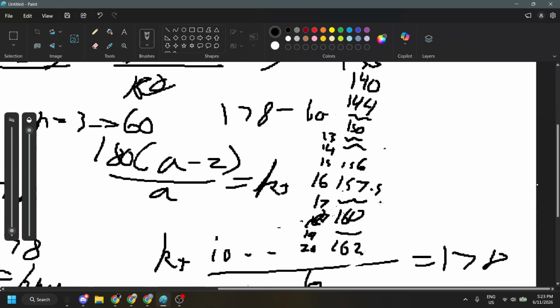Okay. Not sure, oh, I was at 135. 135 plus 178 is 313. 313 over 2 is none. 140 plus 175 is 328. 328 over 2 is 164.